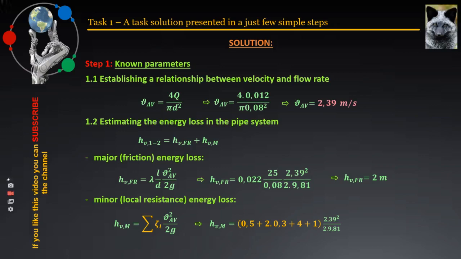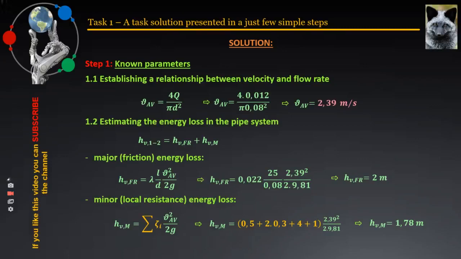All that remains is to perform the calculation, on the basis of which it is found that the local resistance, also called minor energy loss, is 1.78 meters.